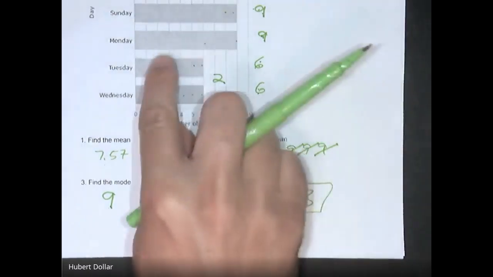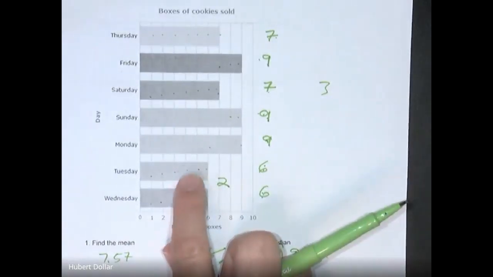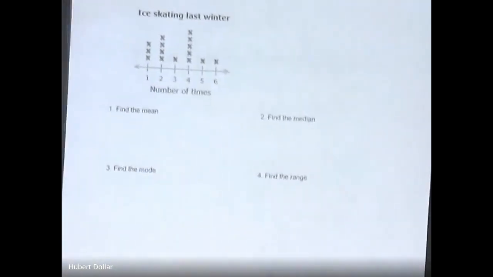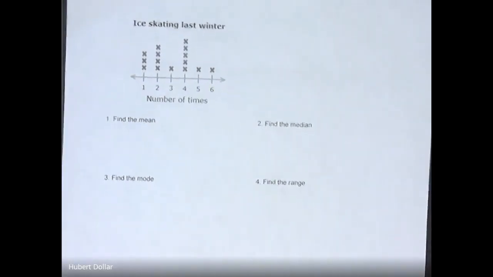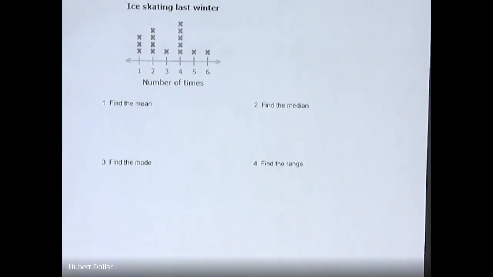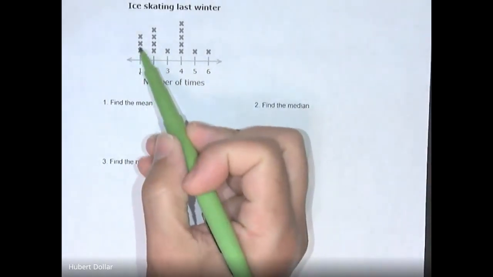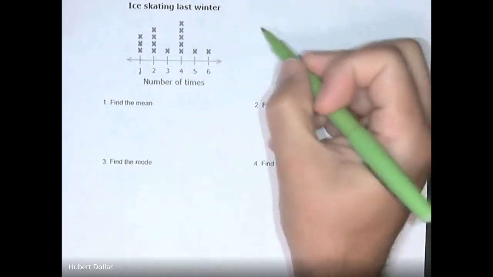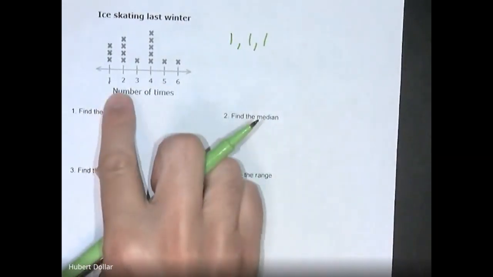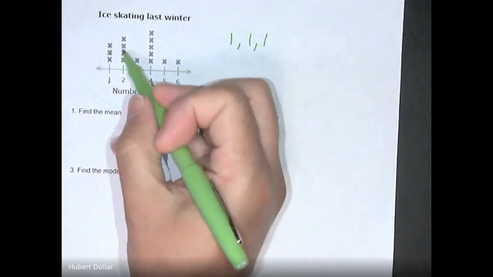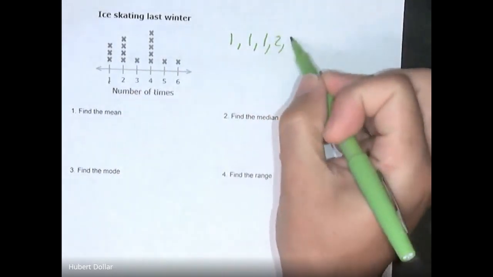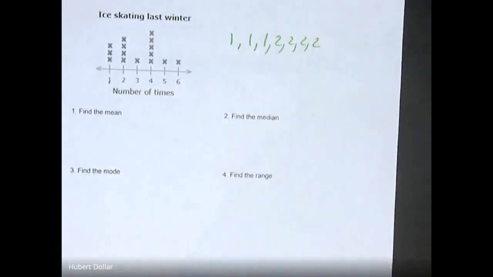So that is using a histogram. This is a histogram or a bar graph. Now, we can do the same thing with what is called a dot plot. The way the dot plot works is the number 1 happened 1, 2, 3 times, so we have 3 1s. The 2 happened 1, 2, 3, 4 times, so we have 4 2s.